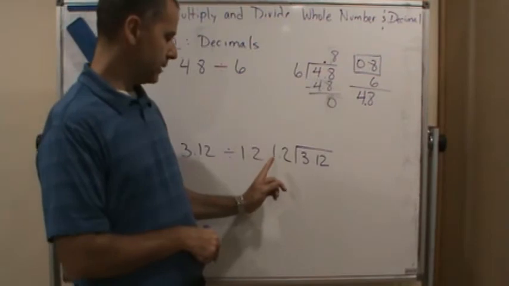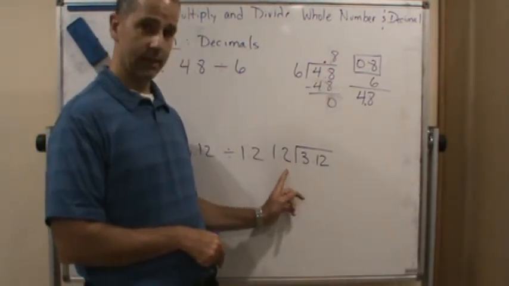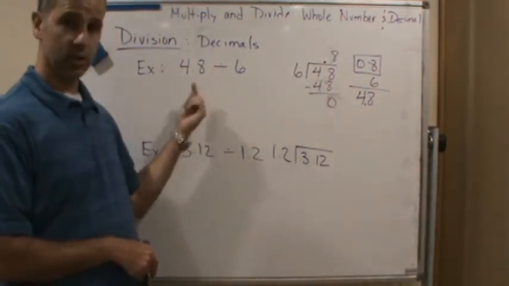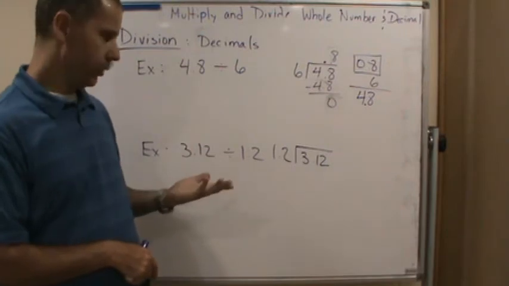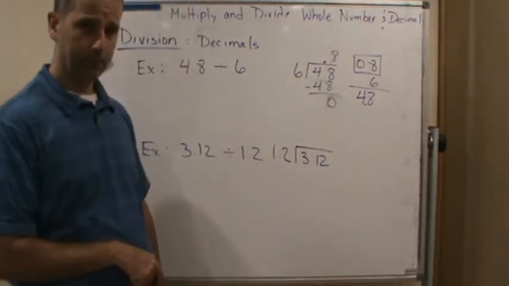Or move it over as many decimal places as you need to in order to get a whole number as the divisor. Because if you get a whole number as a divisor, then you're right back to what we did here. But how do you do that? You can't just move it over just because you want to, right?